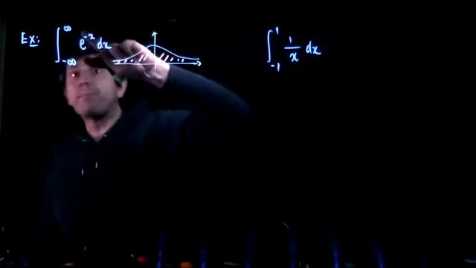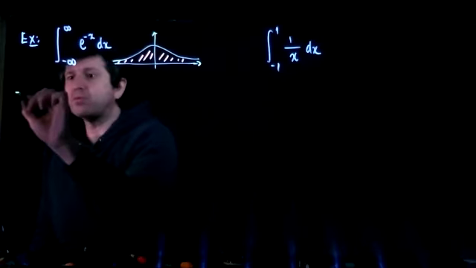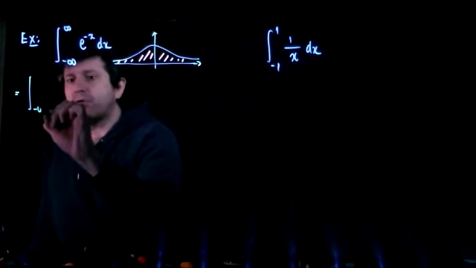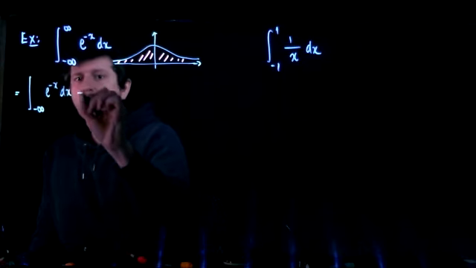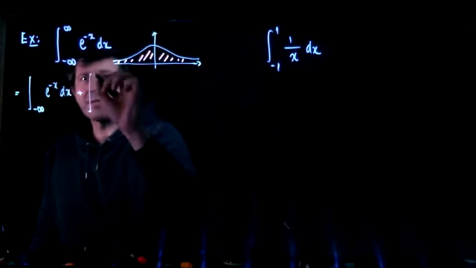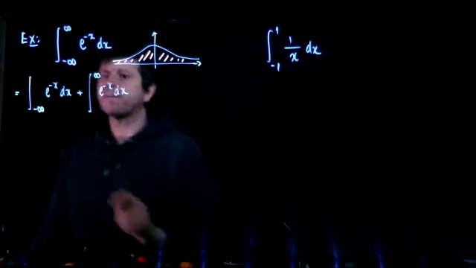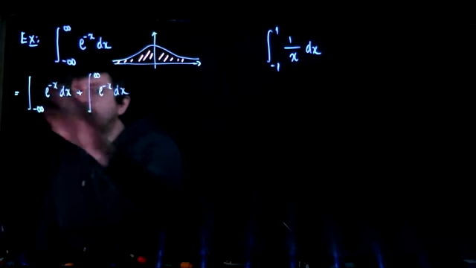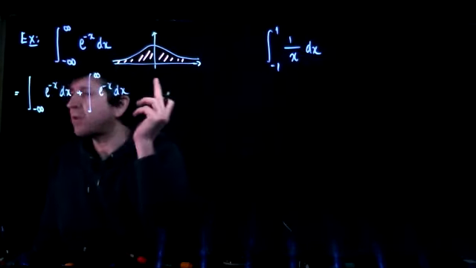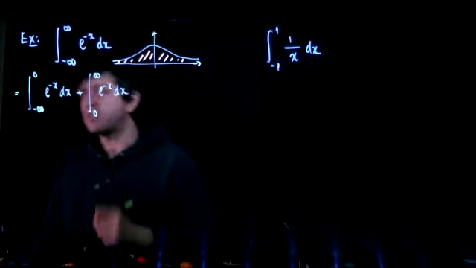In this case, where both bounds have problems, you have to separate the integral in 2. I want to go from negative infinity to something, plus from that same thing until positive infinity. Which number do I take? Anything you want. I would take 0, because that's an easy number.